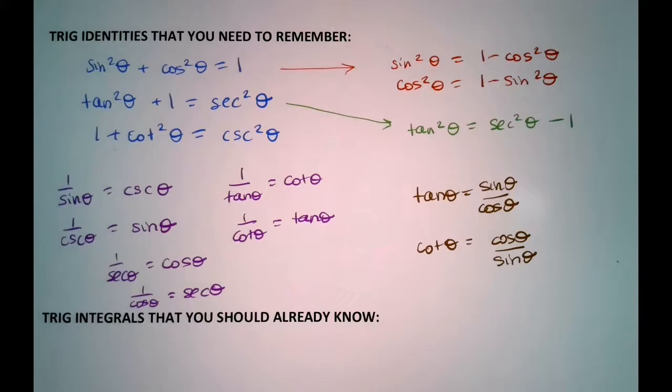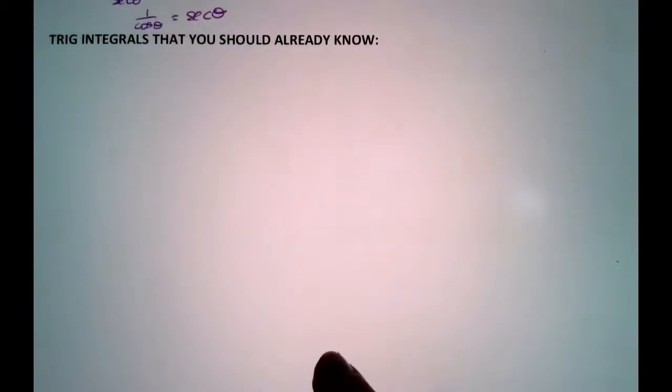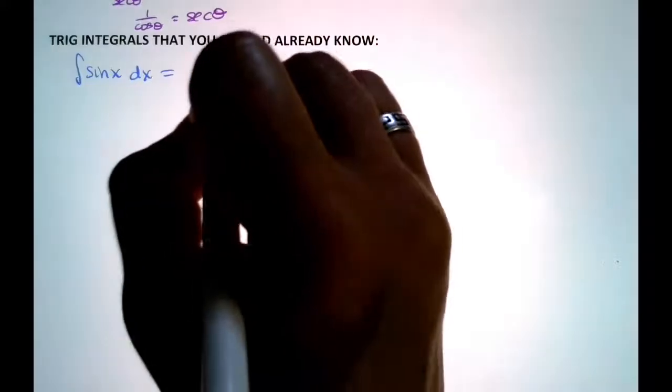So let's talk about a couple of trig integrals that you should already know, or that are defined for us. There might be some new ones, but definitely the ones that we've been working with for a while now. Let's just go here. I know you know the integral of sine, and that's negative cosine.